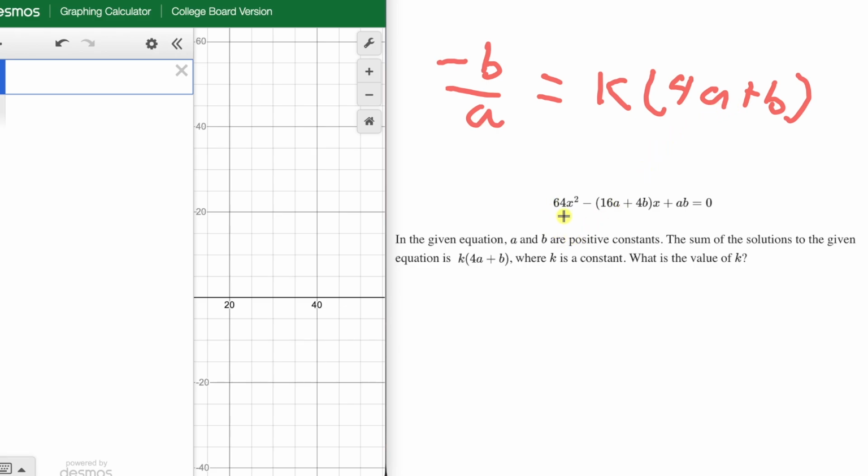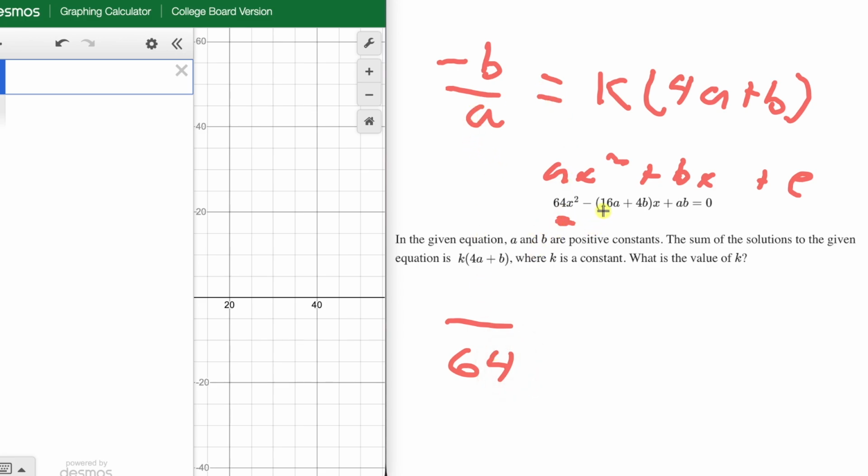So this is a right here, because remember ax squared plus bx plus c. So A is 64, and then negative b.